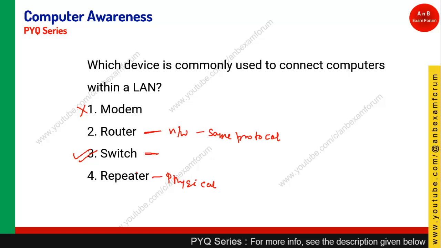So repeater, just remember it works on the physical layer, and it just repeats the signals. It is just a kind of amplifier. It amplifies the weak signal and passes it to the next layer. So option 3, switch, is used to connect the computers within a LAN. The LAN is there, so switches are used in the LAN.